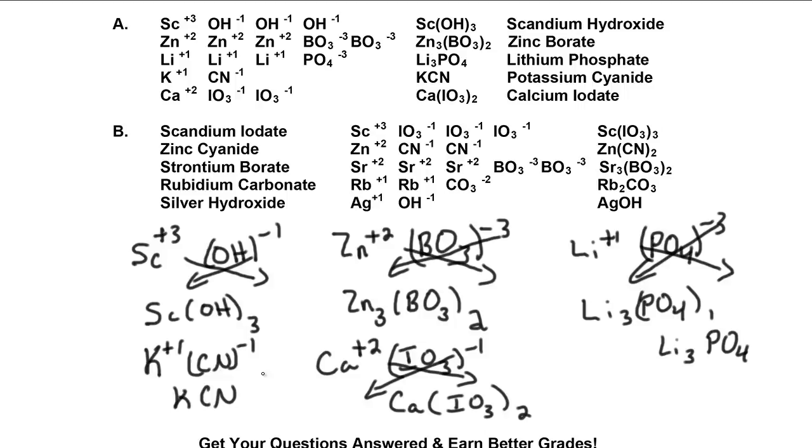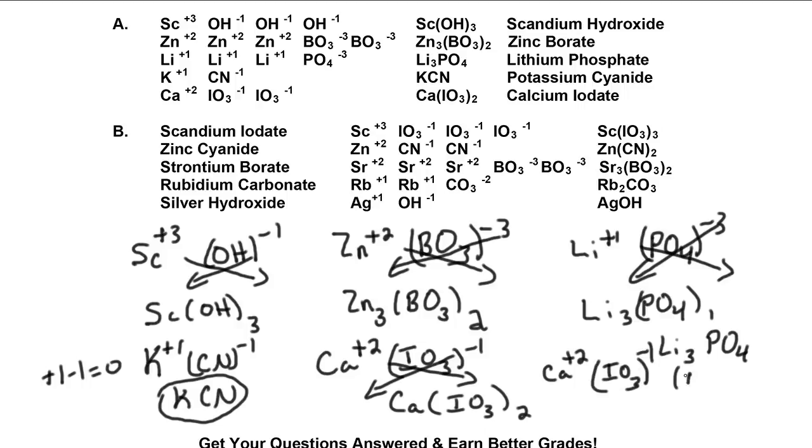So let's do the math equation on a couple of these. What about this one right here, KCN? What is the math equation on that? That's going to be +1 -1 equals 0. What about the math equation on the calcium iodate? Well, the calcium is a +2, and iodate, IO3, is a -1.